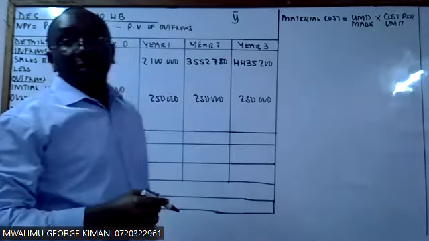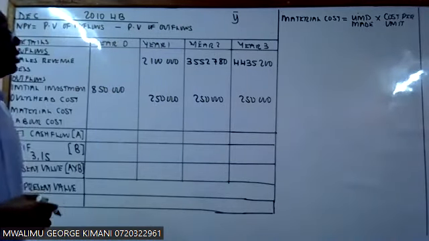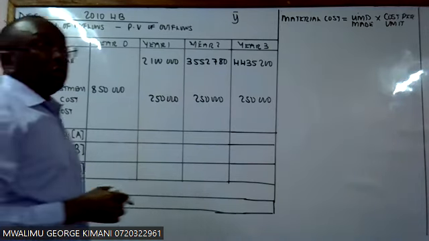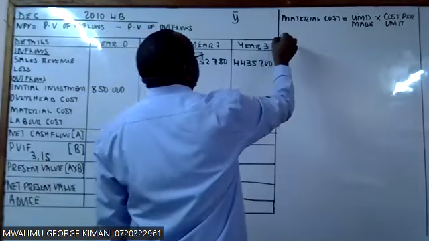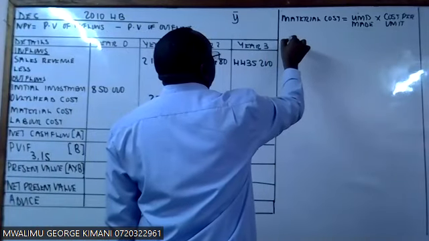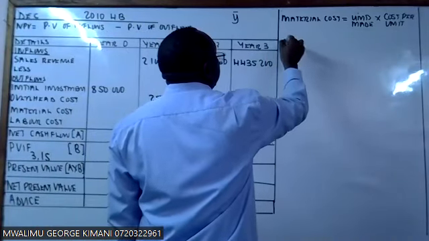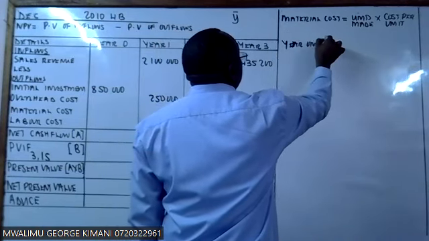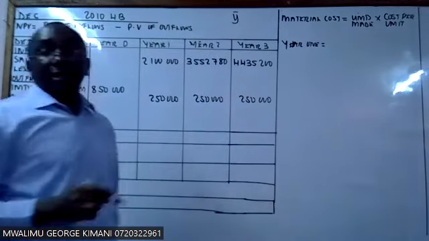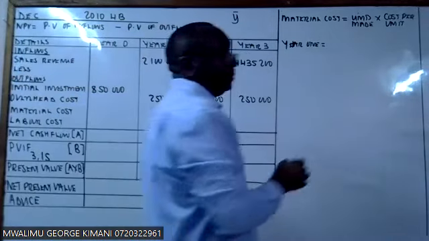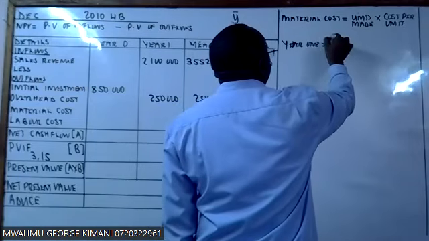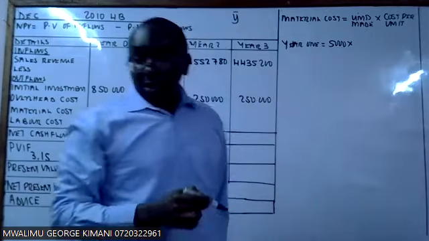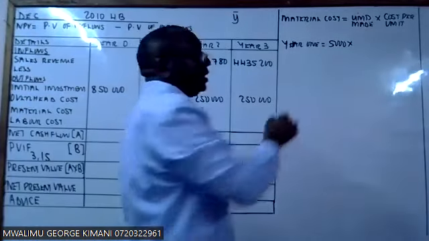For year 1, you remember we made 5,000 units, and we are told it costs 300 each.